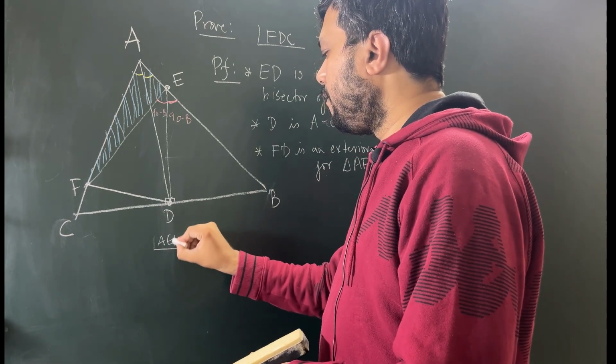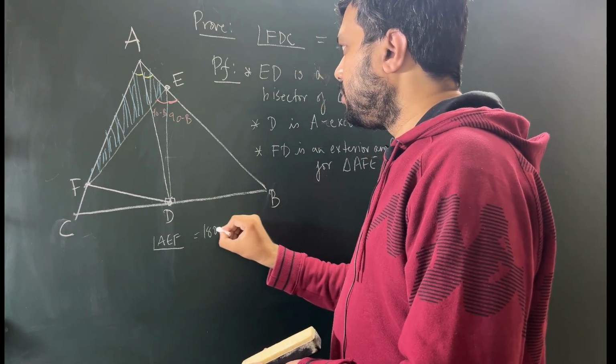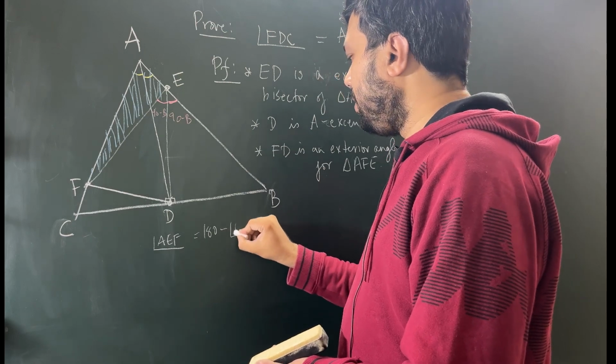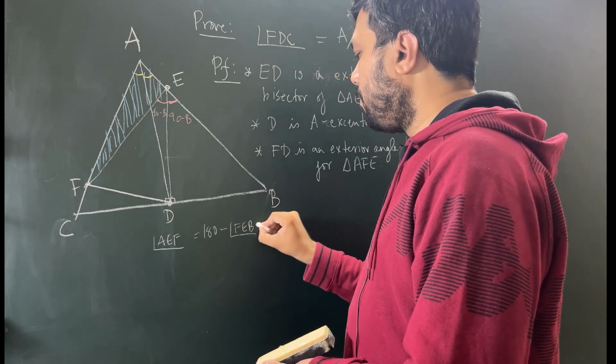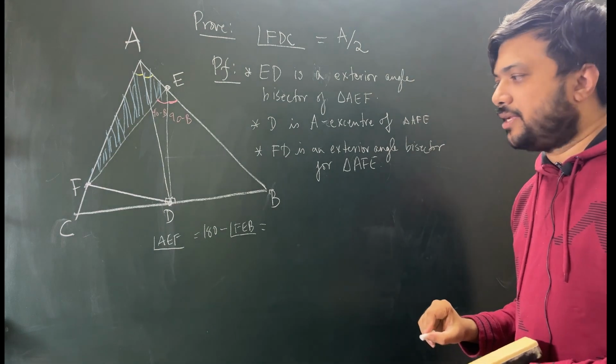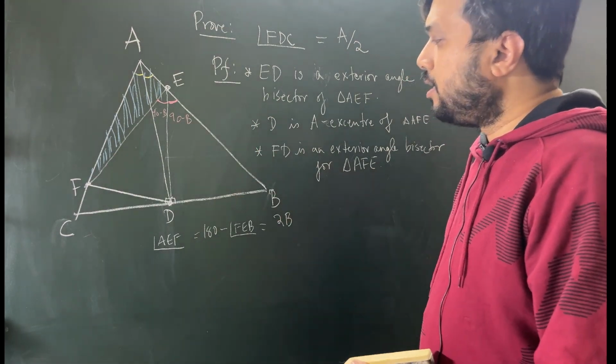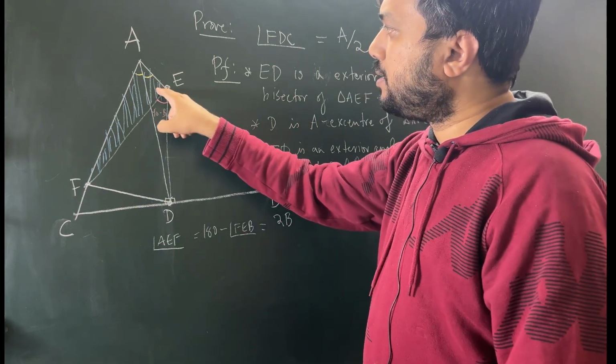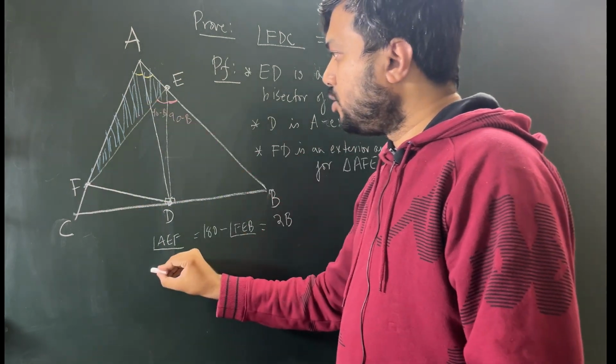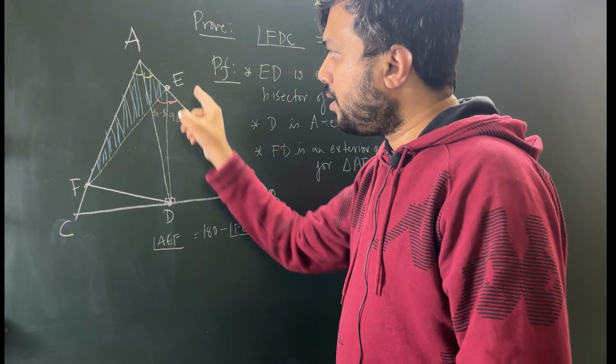First of all, what is AEF? AEF is 180 minus angle FEB, which is 180 minus 2B, which means it is just 2B. So angle AEF is 2B, and this angle is A. We can therefore easily calculate this exterior angle.